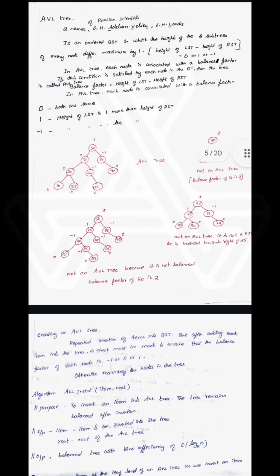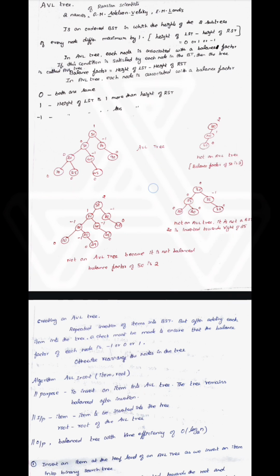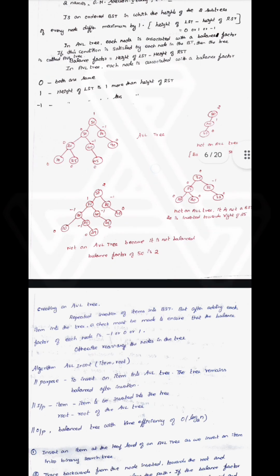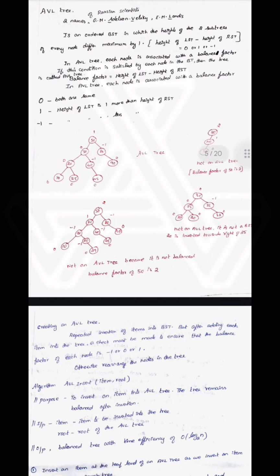It's an ordered binary search tree in which the heights of the two subtrees of every node differ by a maximum of 1. Height of the LST, height of the RST, differ by 0 or 1 or minus 1.